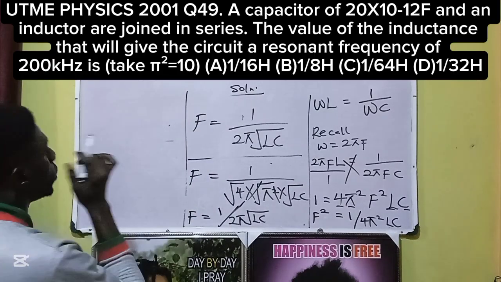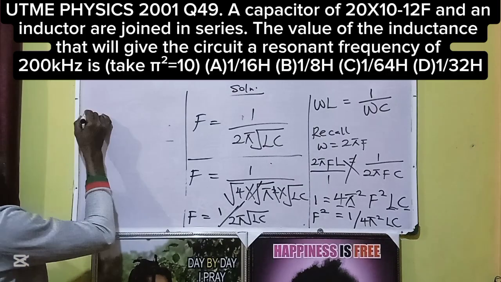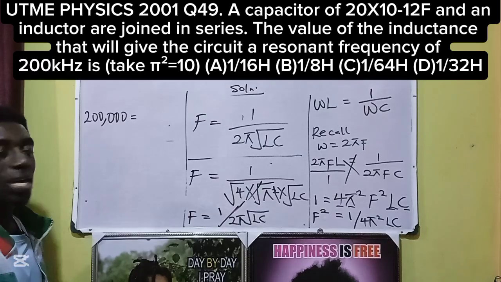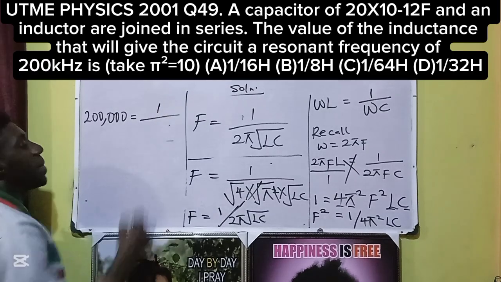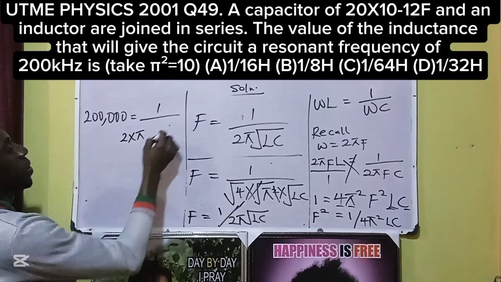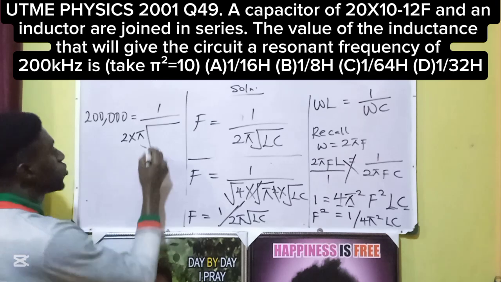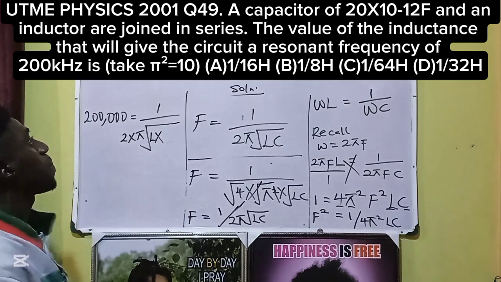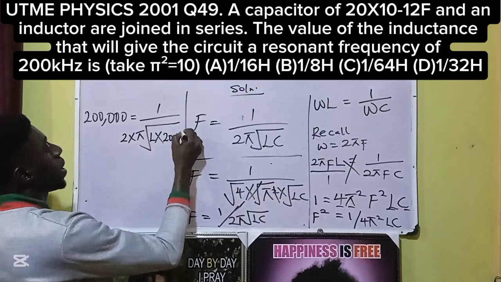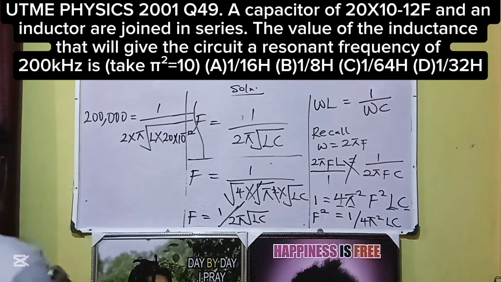The resonance frequency we know. The resonance frequency is 200 kilohertz. So I'll put it as 200,000, since kilo stands for 1,000, is equal to 1 over 2 times pi square root of, recall we're looking for inductance, so L remains there, times the capacitance, 20 times 10 raised to power minus 12.